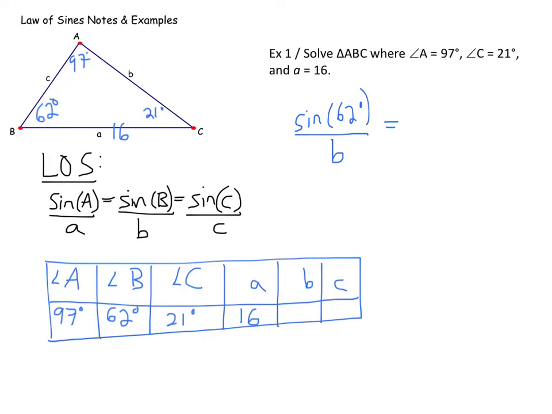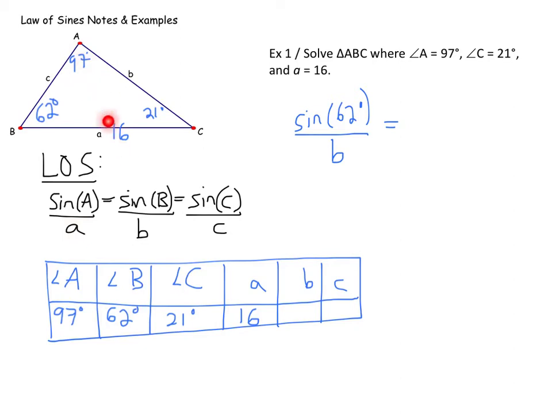Well, I do notice that I know the length of side A and the angle A. So I'm going to really use those 2 bits of information because they're related. We'll know this entire piece right here because we'll know angle A, we can take the sine of it, and we'll also know the length of A.